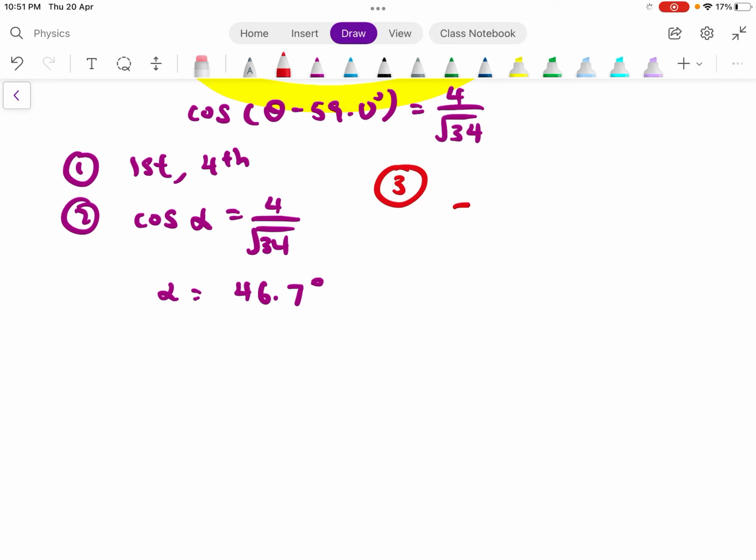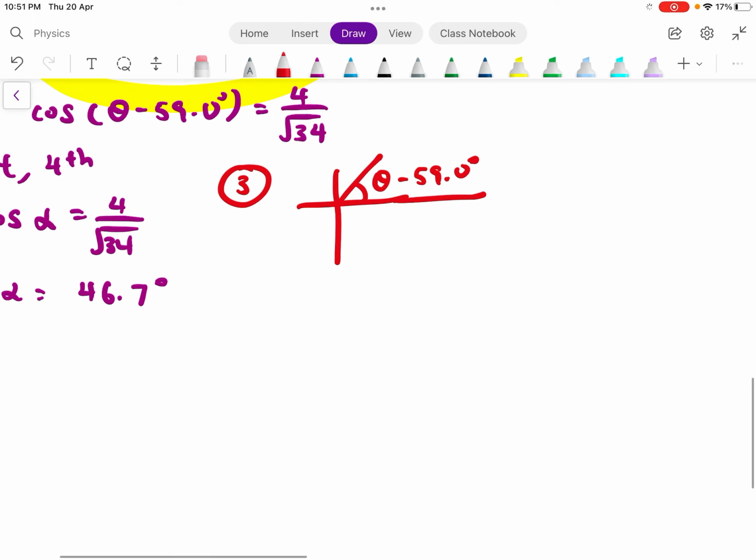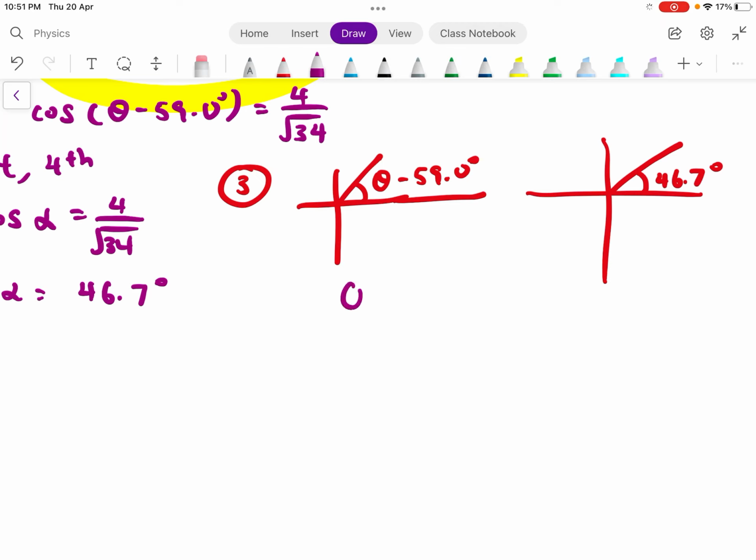So first quadrant, let's draw the first quadrant first. First quadrant is theta minus 59.0 degree. That is the first drawing you will draw. Then second drawing, you draw the basic angle of 46.7 degree. So when you do that, you know that theta minus 59.0 degree is equal to 46.7 degree.